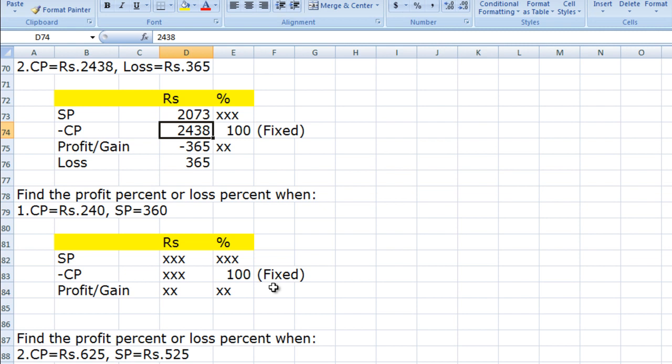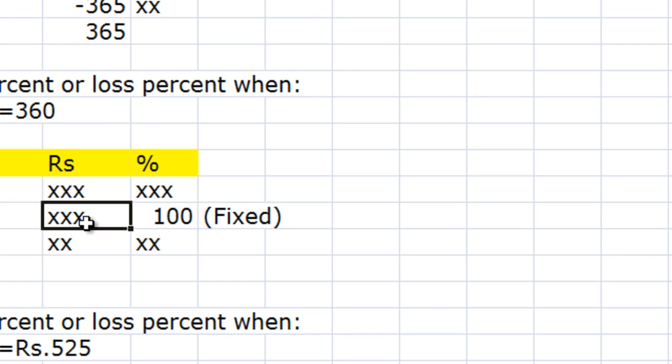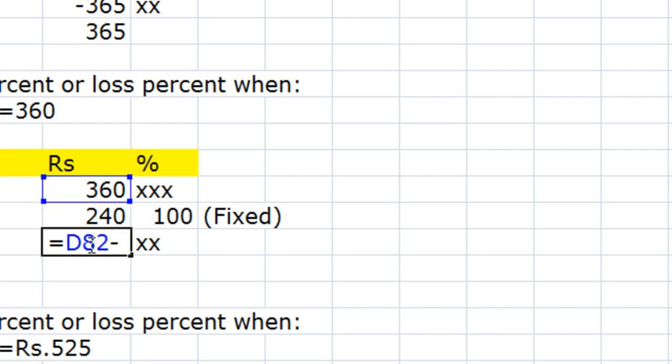Here find the profit percentage or loss percentage when CP is equal to 240 and SP is equal to 360. Here the cost price is 240 and the selling price is 360. Therefore profit is equal to 360 minus 240, therefore 120 is the profit.